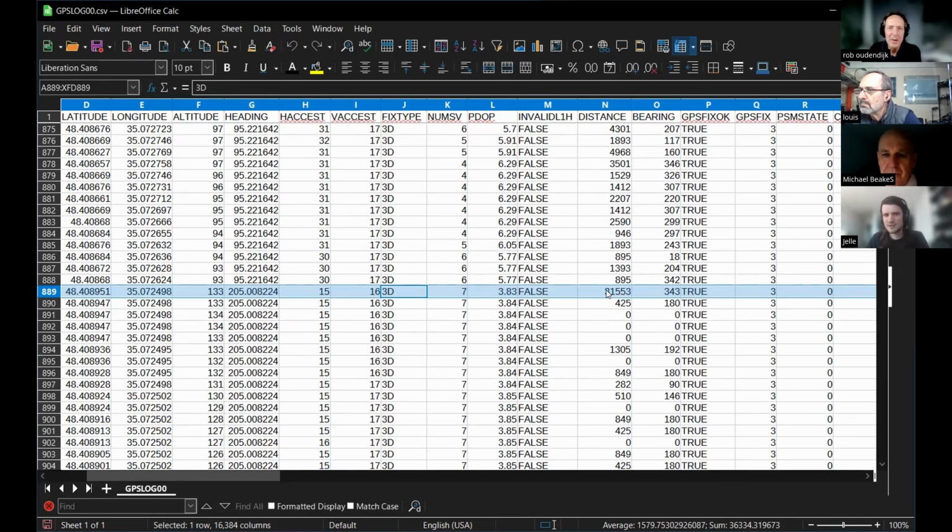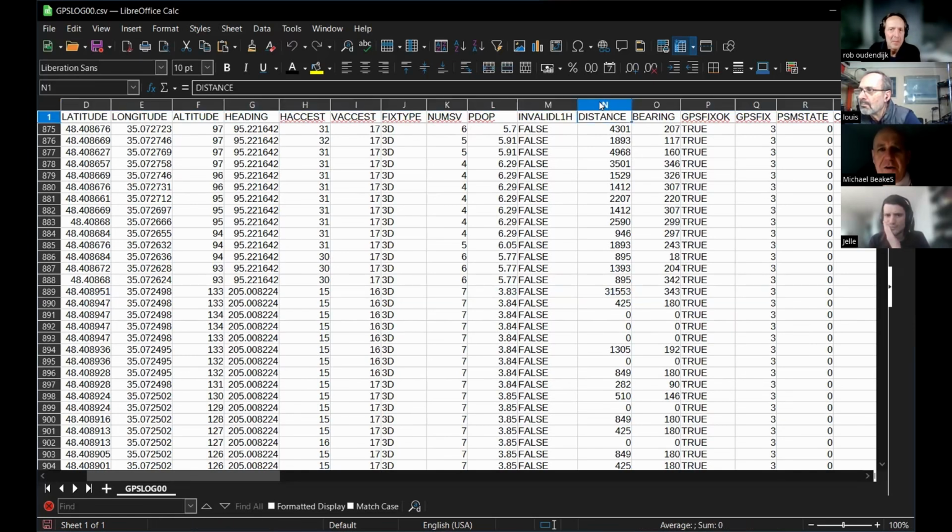That's a good point. Have you checked the longitude and latitude? Well, you can get some of that information right from these two columns. I know what you're saying.